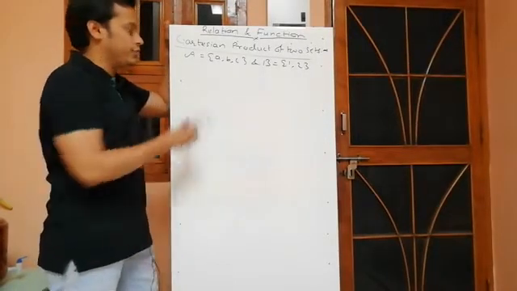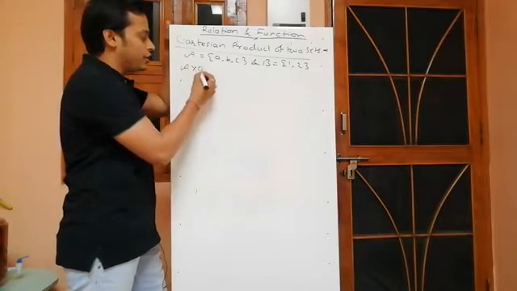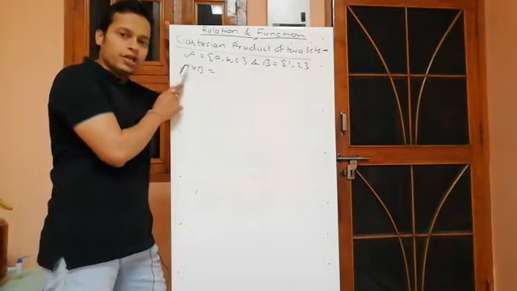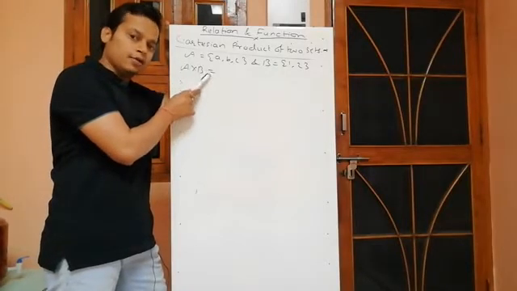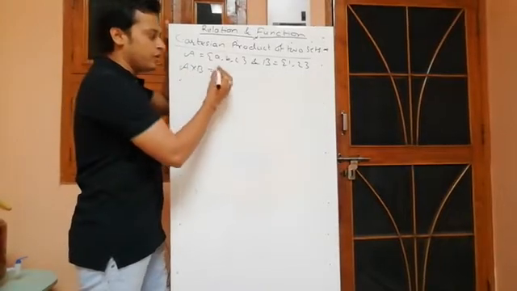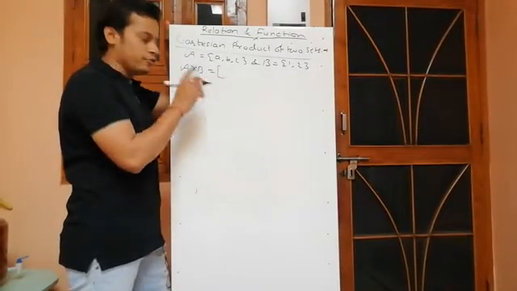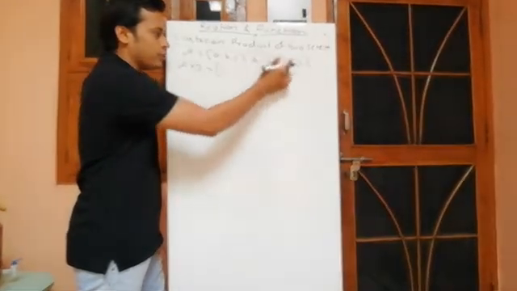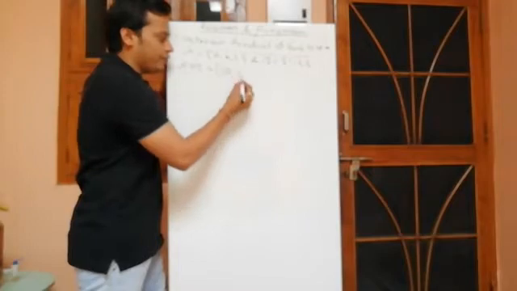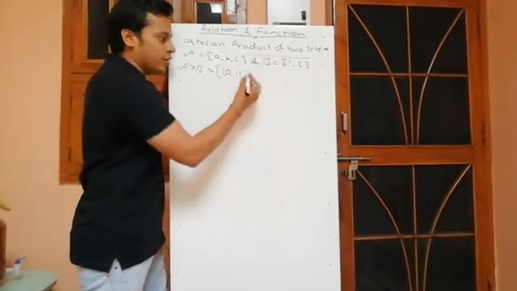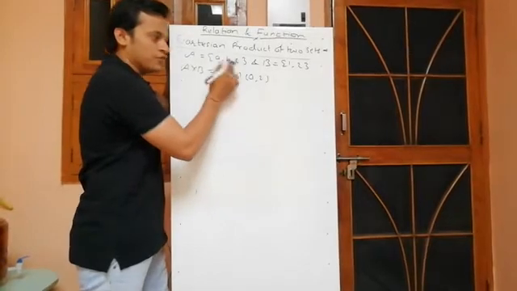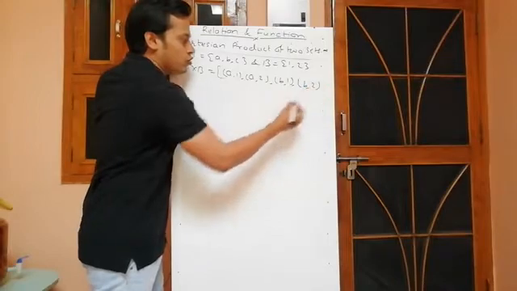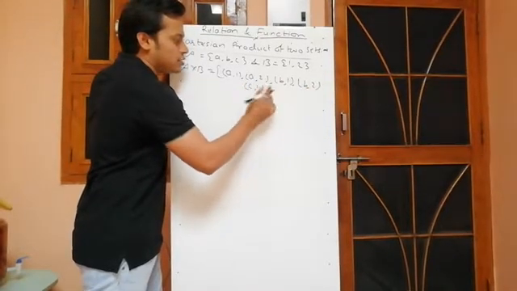These are Cartesian products. Now if you want A cross B, then A cross B is the set of all those ordered pairs whose first element belongs to A and second belongs to B. So first from A, second from B. Then what are we getting? (a, 1), first from A, second from B. Similarly (a, 2), (b, 1), (b, 2), (c, 1) and (c, 2).